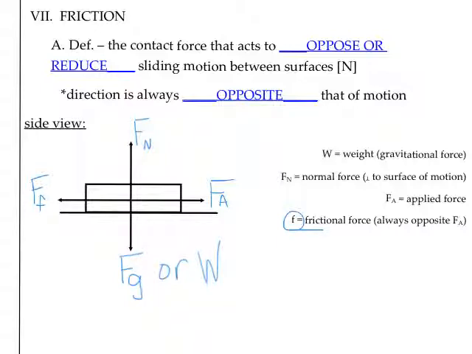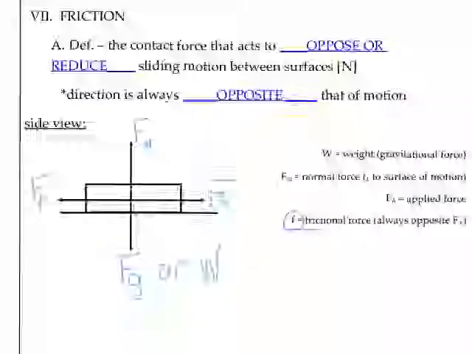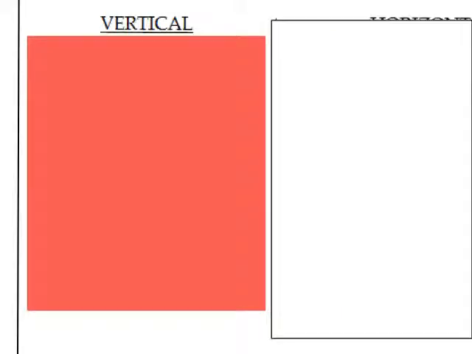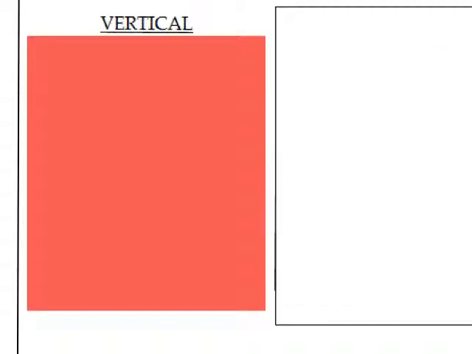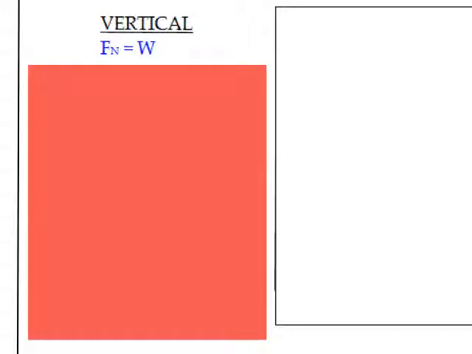So what we're going to do is break these forces down into the vertical forces and the horizontal forces and talk about them separately. In your notes, you should see your page divided into two sections, horizontal and vertical. So we're going to examine the vertical forces first. You should recognize that the normal force and the gravitational force, or the weight, are the vertical forces in this scenario.